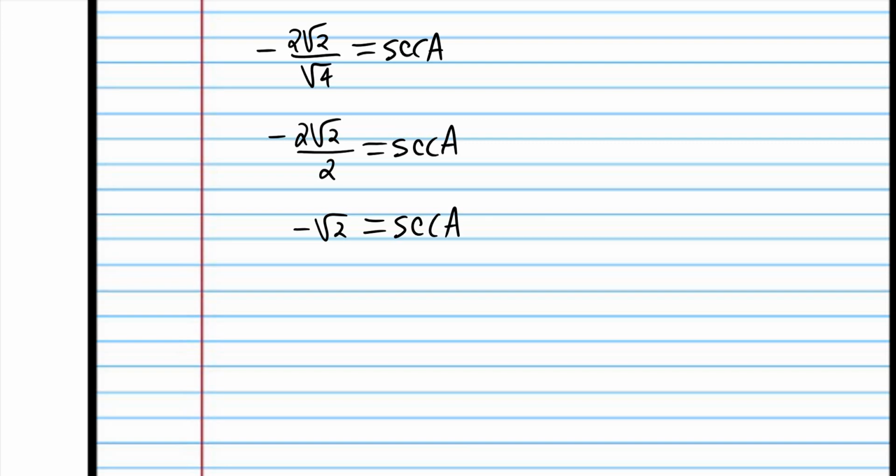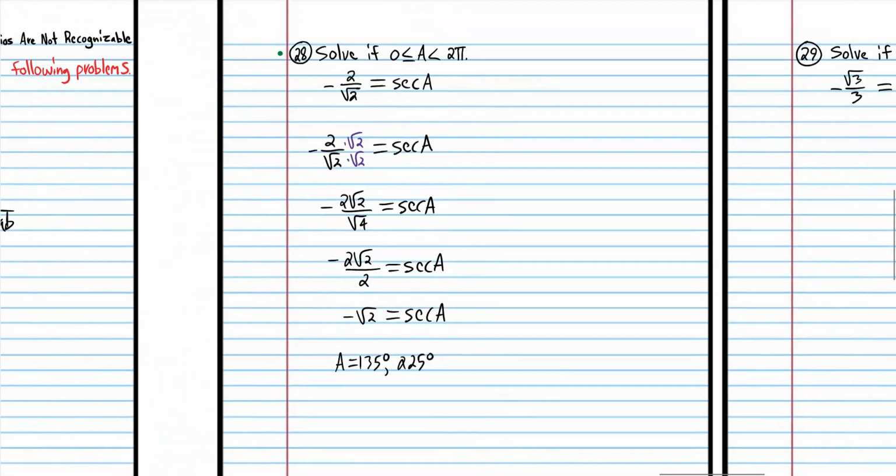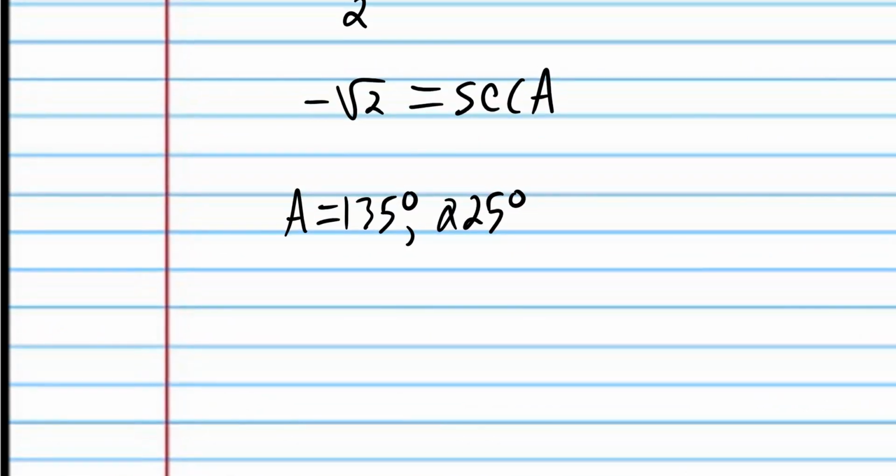So the reference angle is 45, and if secant is negative, it's going to be in the second quadrant. So that would be 135 degrees. And the third quadrant, so that would be 225 degrees. But we need to write our angle measures in radians. So of course we're going to multiply by pi over 180 degrees.